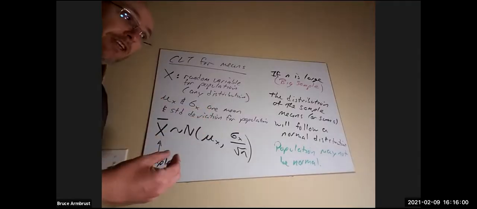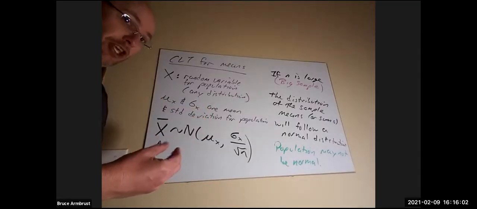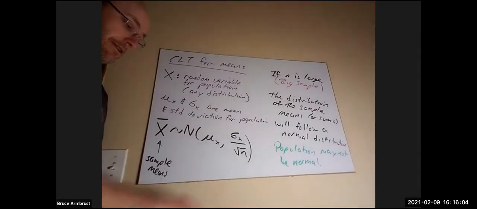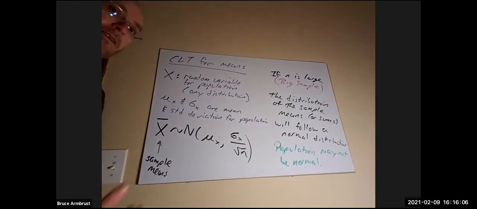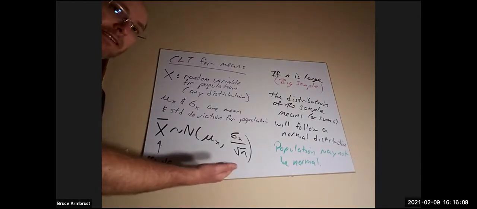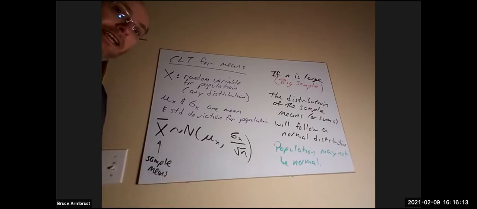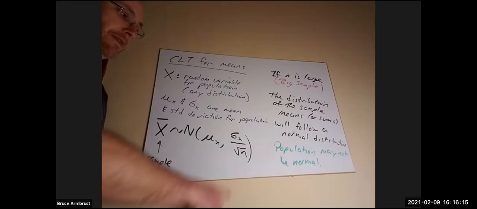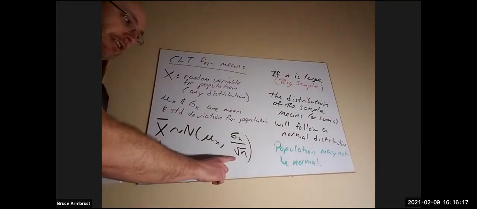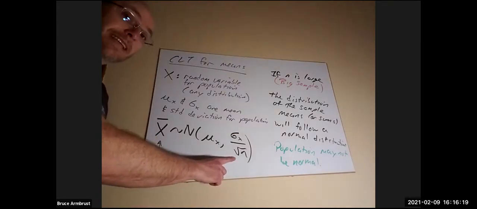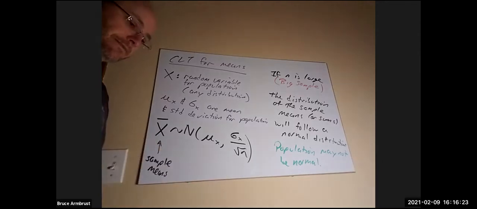So it's a huge reduction with our greater n. But it should make sense that the more we sample, the less variation we're going to get. Hence why our standard deviation for the sample means goes down.